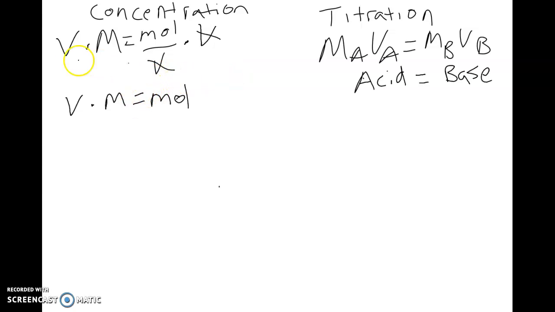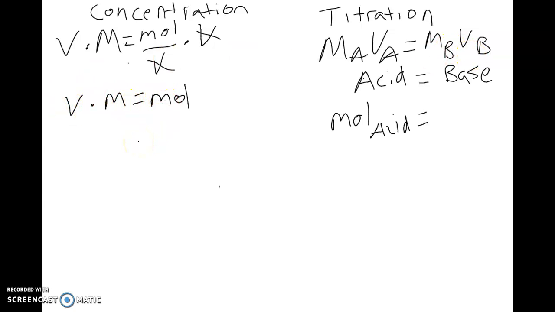So what this is saying is that the molarity times the volume is equal to the moles of your acid. So really MA times VA is the same thing as saying your moles of acid is equal to MB times VB. Remember, V times M equals moles.